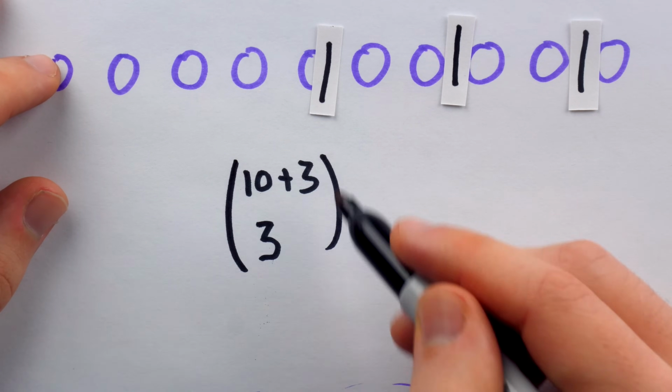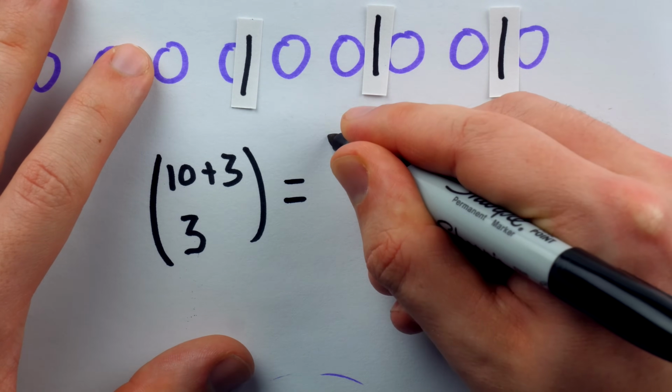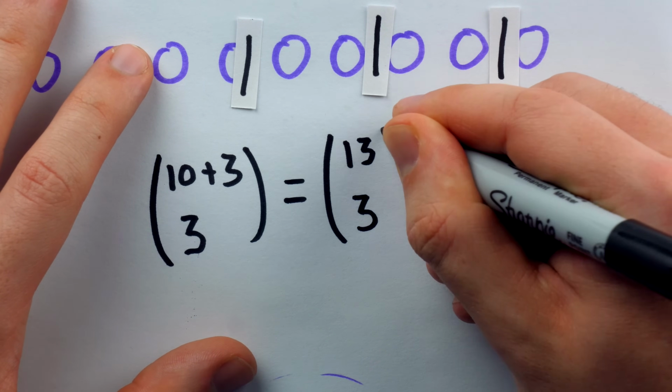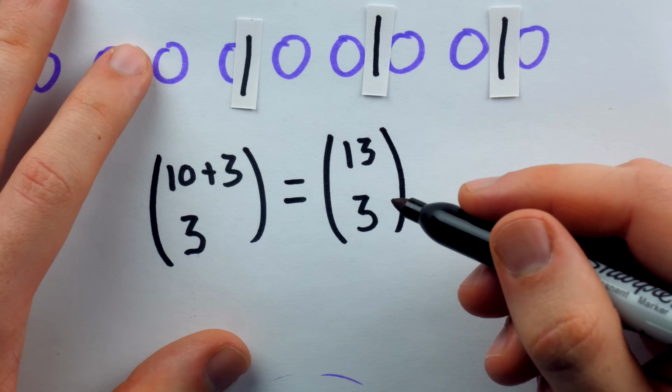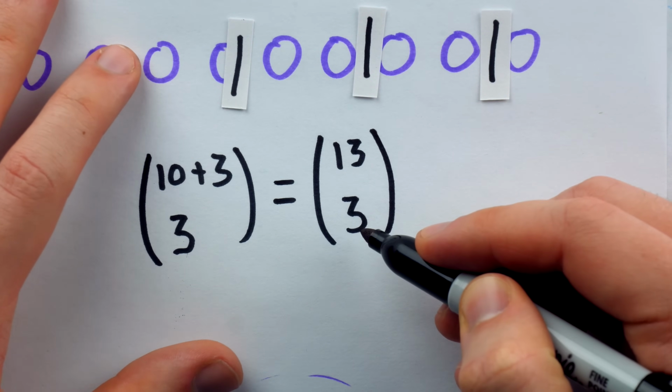This, if you're not familiar with it, is a mathematical symbol for exactly that. Rewriting it in a slightly nicer way, 10 plus 3 is 13, and we have 3 in the bottom. This is called a binomial coefficient, and it's read as 13 choose 3.